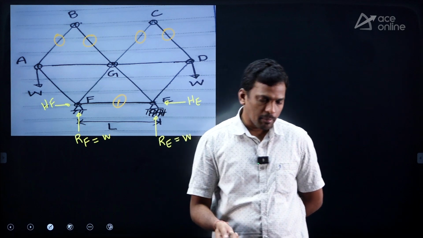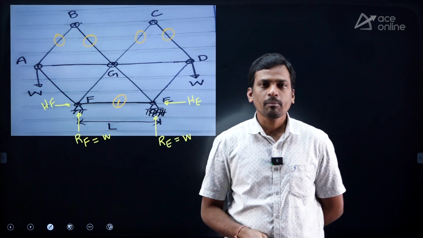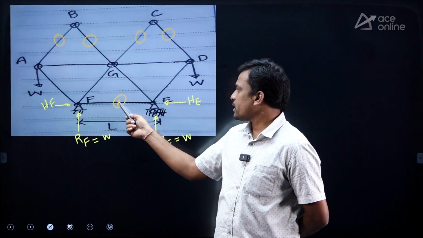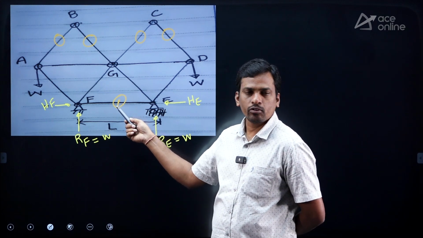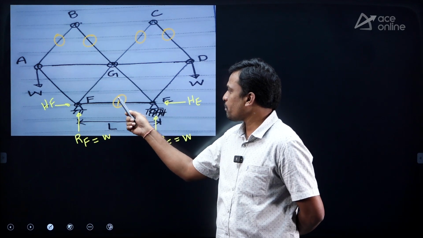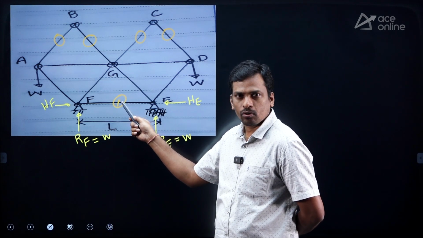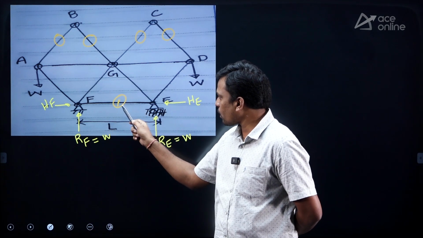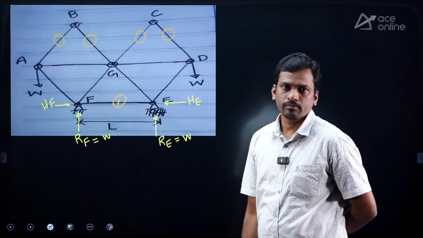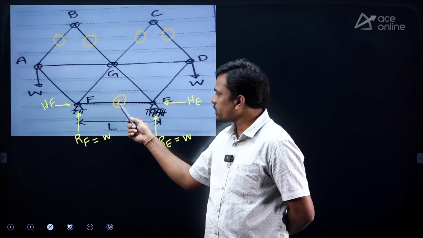If any member has hinged supports at both ends, students, there is no change in length of the member due to external load, because both are hinged supports. The hinged supports won't allow the length of the member to increase or decrease. Then change in length is 0.